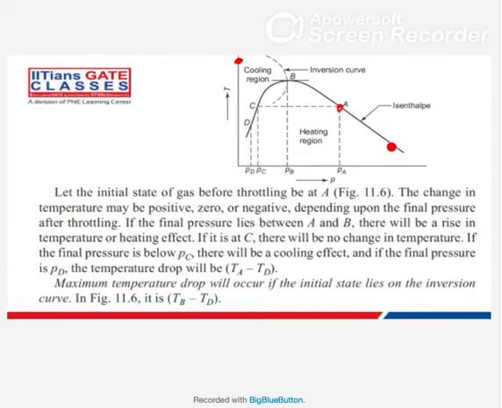See, this is one isenthalp line, and initially you are at A, and you expanded and you reached D. Will you get the maximum temperature drop?